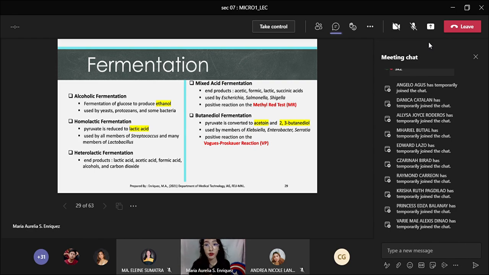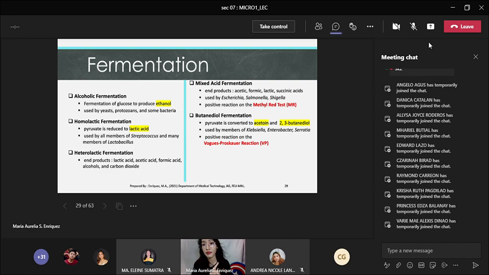In butanediol fermentation, pyruvate is converted to acetone, and again, as the name implies, kasama rin sa mga end products niya ang 2,3-butanediol. So malalaman po natin na butanediol fermenter ang isang organism kapag nag-positive po ito sa Voges-Proskauer test.